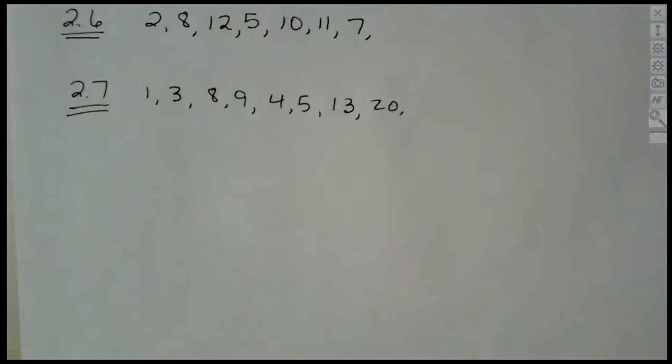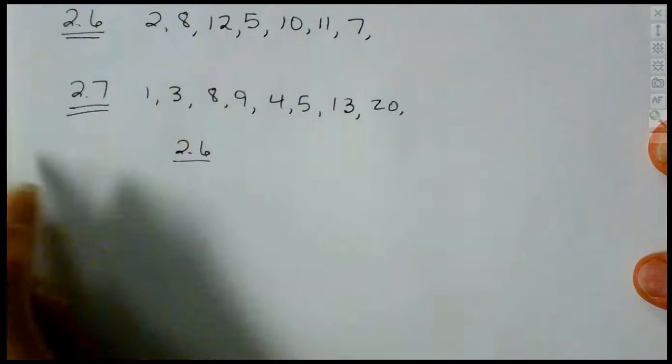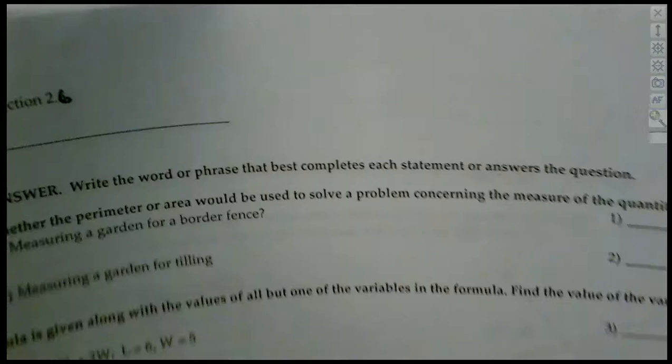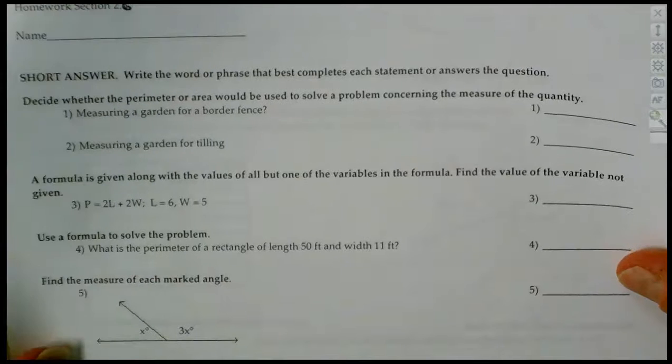So let's now look at 2.6. And we're going to begin now with question number 2. So we need to figure out if this is an area problem or if this is a perimeter.